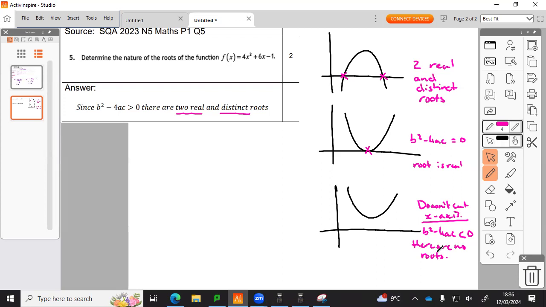Okay. So for this one, instead of doing the whole formula, you are just finding b squared minus 4ac. Putting in the numbers, and just being careful with the signs.